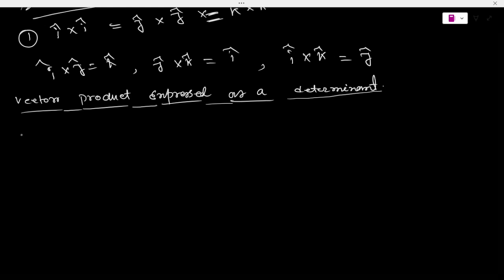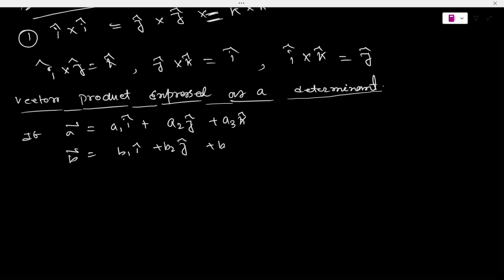Now, if a vector is equal to a1 I cap plus a2 j cap plus a3 k cap, and b vector is equal to b1 I cap plus b2 j cap plus b3 k cap.